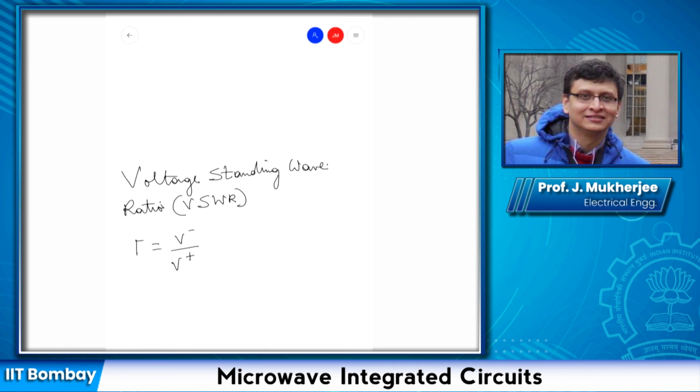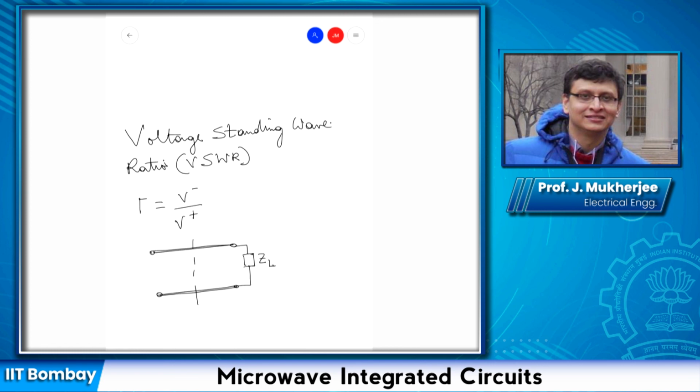then we know, suppose again we have a transmission line, say at a distance x on the source.